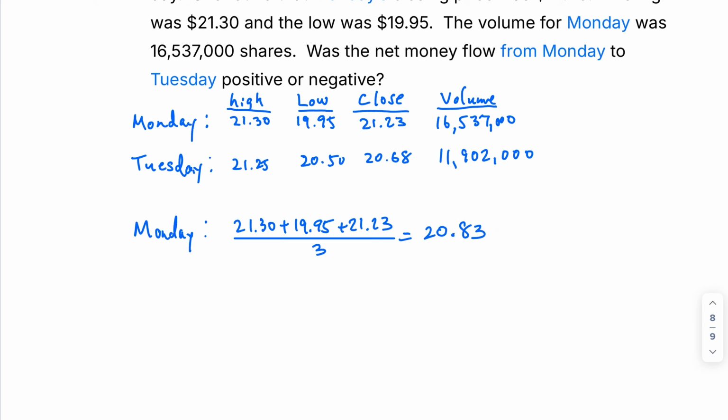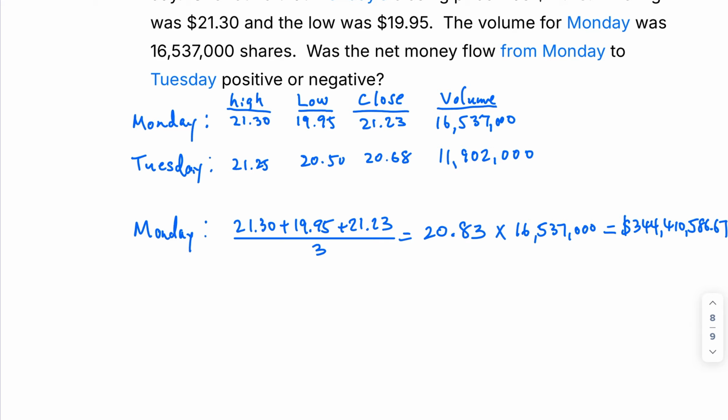Now we're going to take $20.83 and multiply that by 16,537,000 shares, and that is going to give us 344,410,586.67. So that was the total money flow.